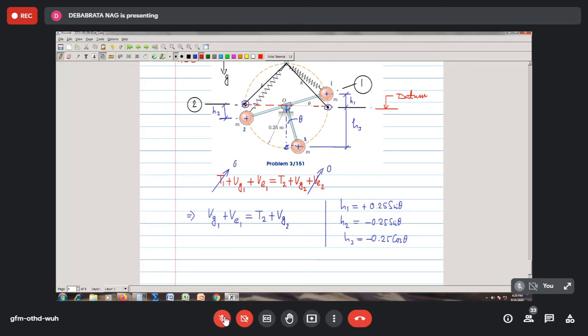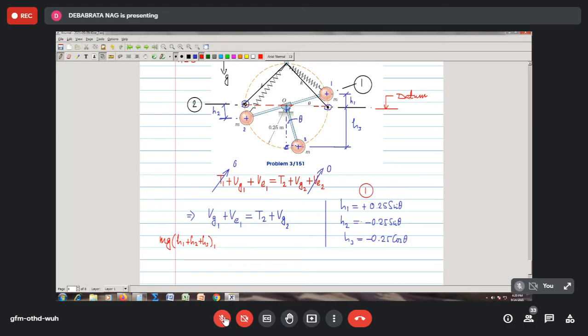VG1 means the sum of the gravitational potential energies of all these three terms, correct? Because all your masses are equal, this VG1 essentially means mg into H1 plus H2 plus H3 at position 1. We have done this analysis for position 1.